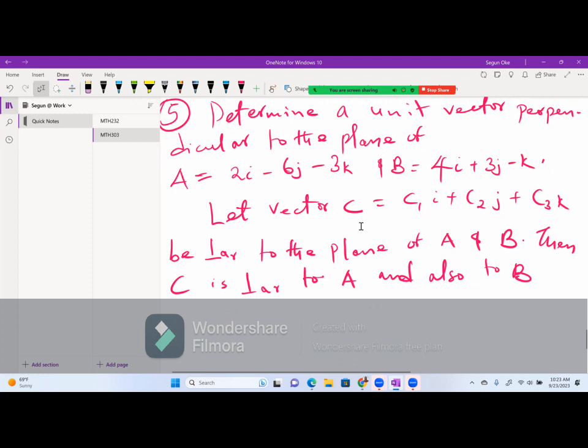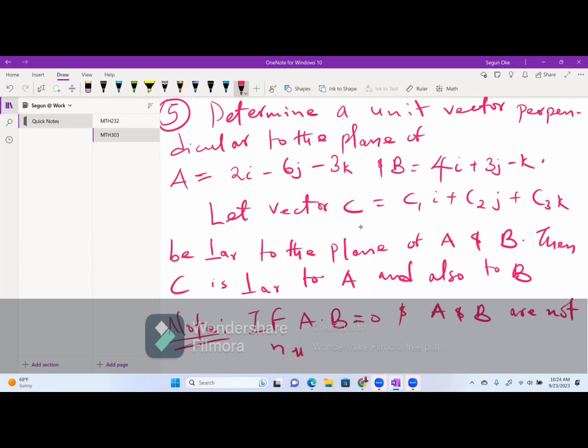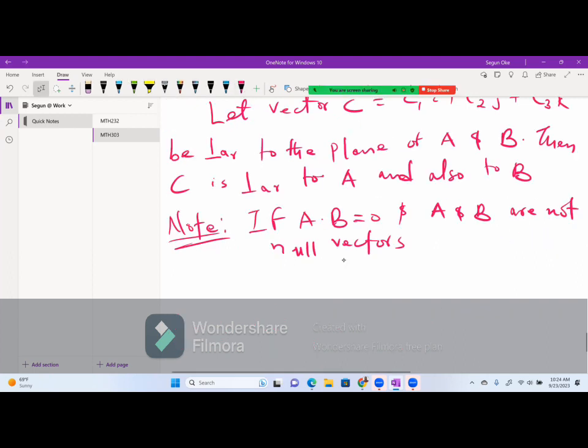So when I have this, what comes to my mind is, note that if A dot B equals 0, and A and B are non-zero vectors, then A and B are perpendicular. Non-zero vector means they are not zero vectors, right?